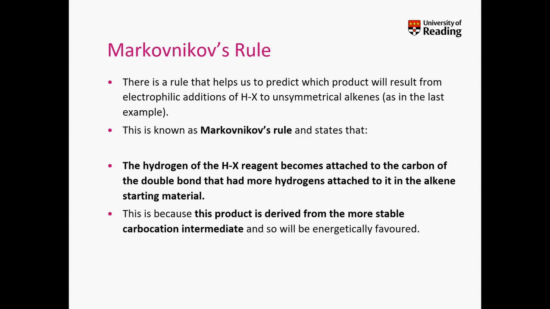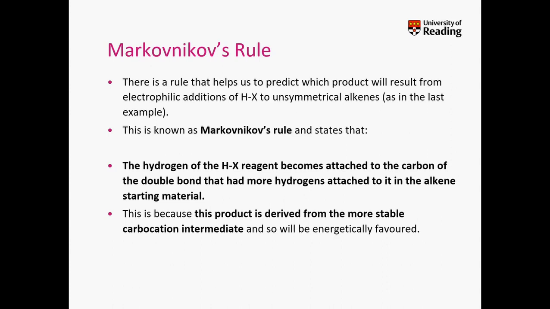And again, we can understand why that is because if the carbon has more hydrogens attached to start with, then if we add another hydrogen to that, the opposite carbon in that double bond will end up being the more stable carbocation.